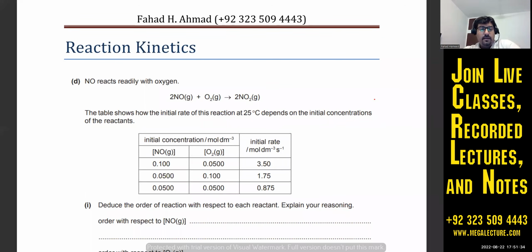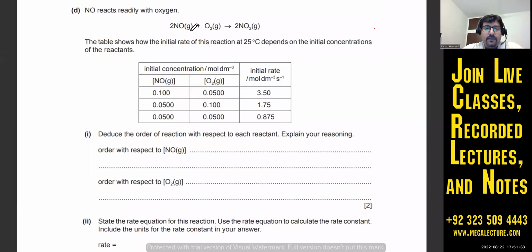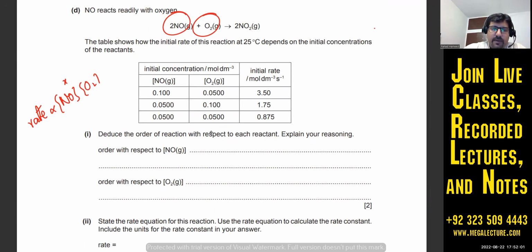अच्छा एनीवेज, इस क्वेश्चन से स्टार्ट कर रहे हैं: order with respect to NO, right, the first one. So you've got two reactants, NO and O2, so that means rate depends on NO's concentration, we just don't know how. It depends on it to the power X, and it depends on O2's concentration to the power Y, right?